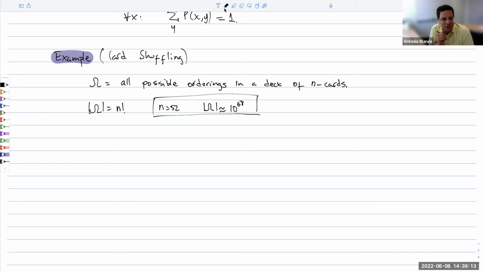So let's look at some silly shuffles first. They're silly in the sense that they're pretty simple, and they were created because we needed to understand these simple shuffles first before we could understand the harder ones that we actually use when we're shuffling cards. One of them is the random transposition shuffle.